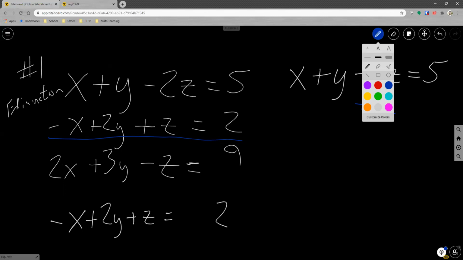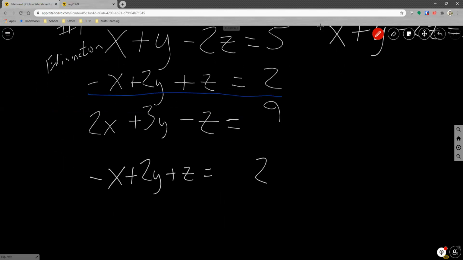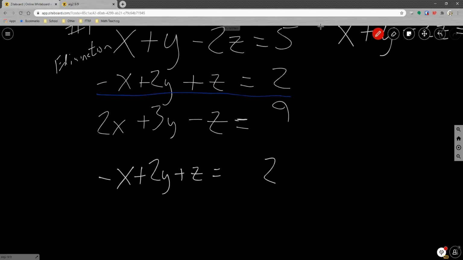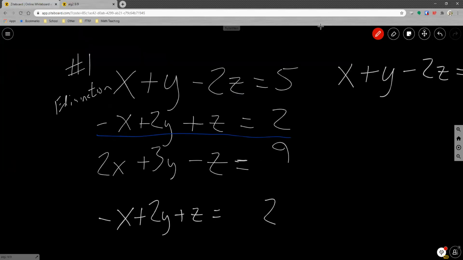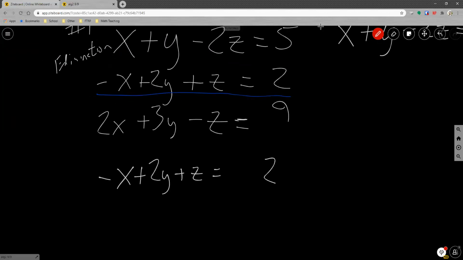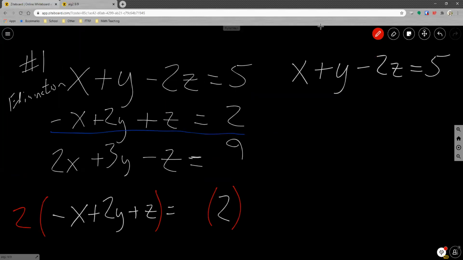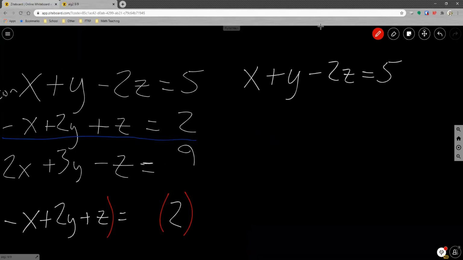So what I'm going to do, now I'll use a different color than blue. I'm going to multiply my equation by a negative 2. Or I apologize, not a negative 2, a positive 2. Because I'm trying to eliminate this negative 2z up here.